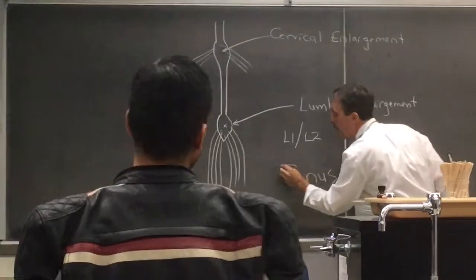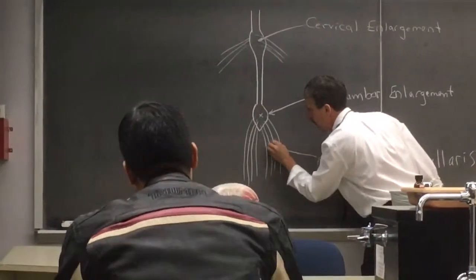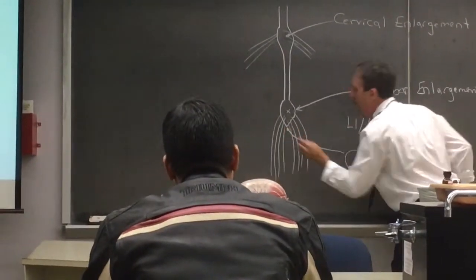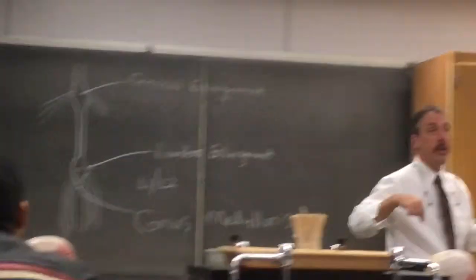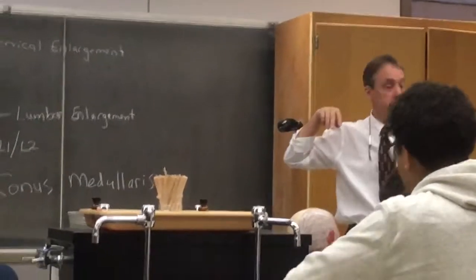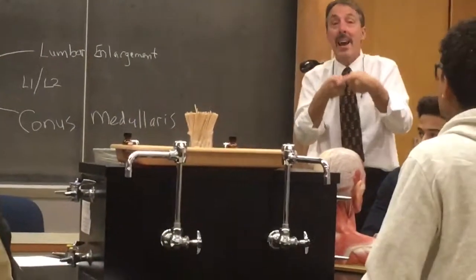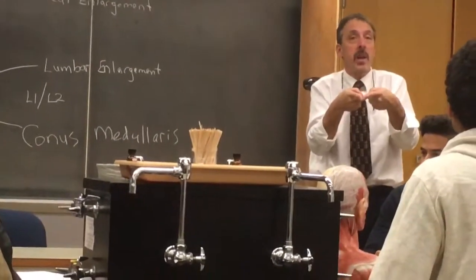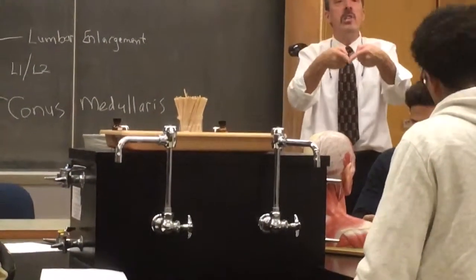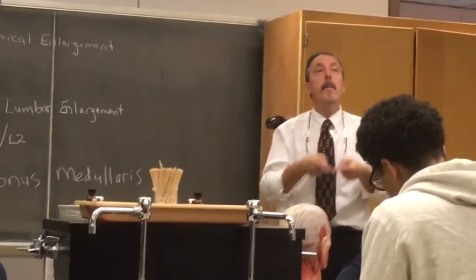Okay, so the tip of the spinal cord, that very point, and I'll show you on the model next week. Today I'm just going to go over it. If I ask you what's the tapered end or the pointed end of the spinal cord, and I promise you I will ask you on the last exam, you're going to say conus medullaris.